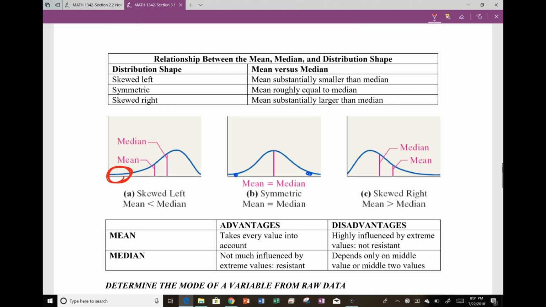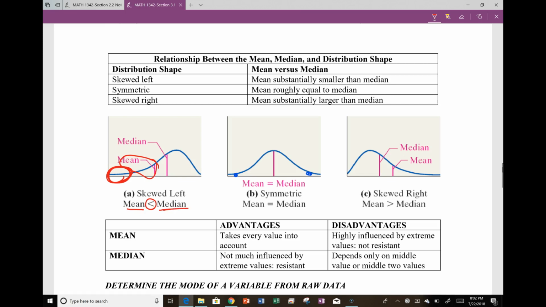Think about exam scores. You're going along, you're doing okay, you miss a test, you get a 0. What does that do to your class average? It brings it down drastically. Your median grade is still approximately the same, but your mean has dropped. Therefore, in a left skewed, my mean is less than my median.